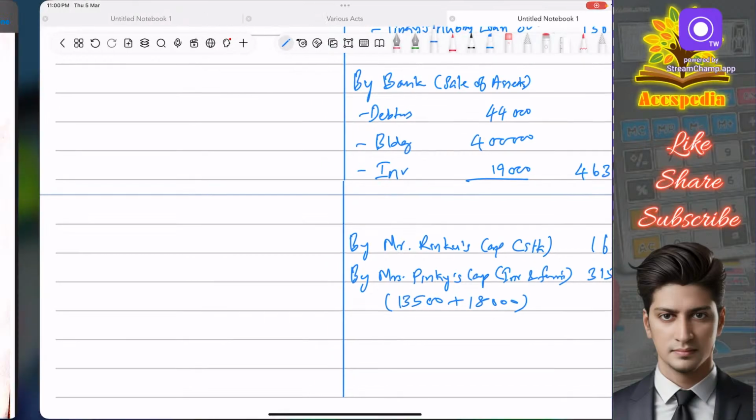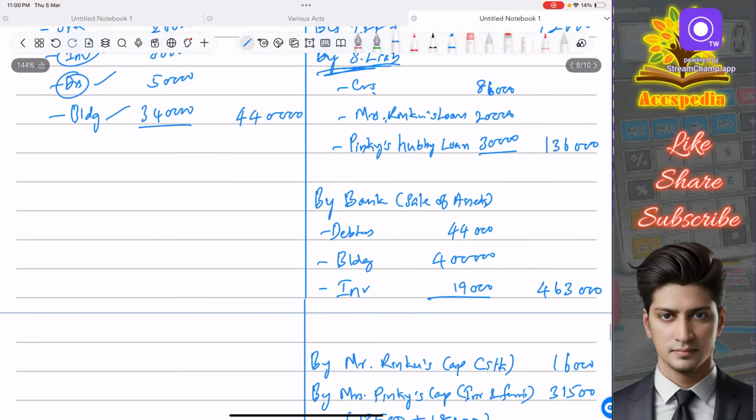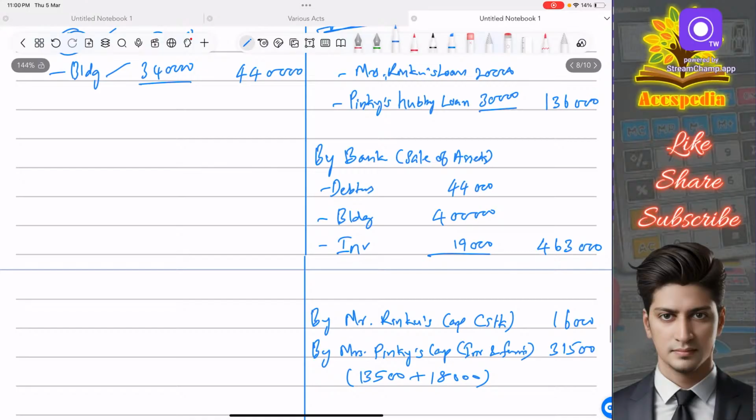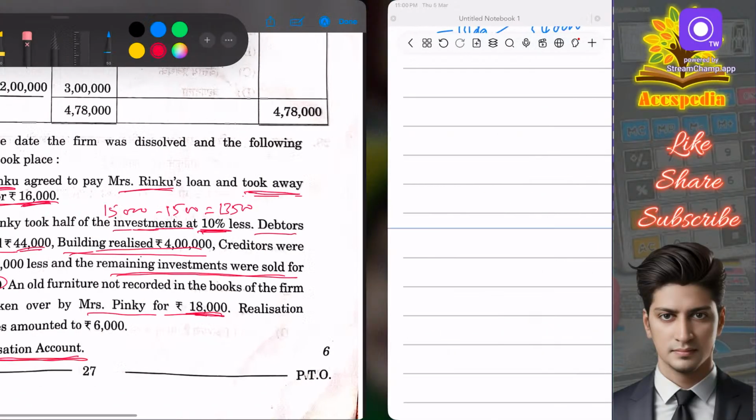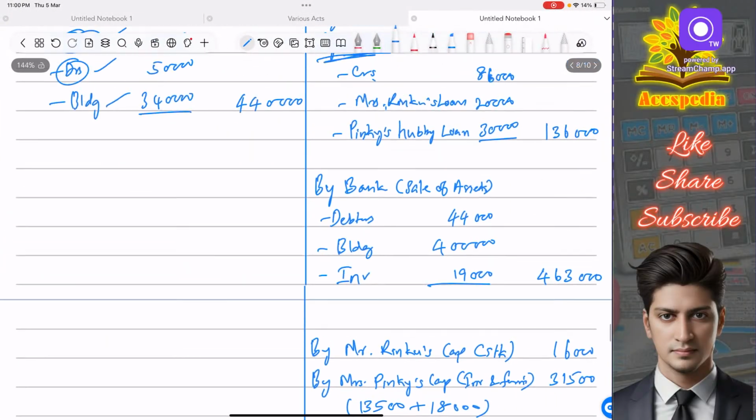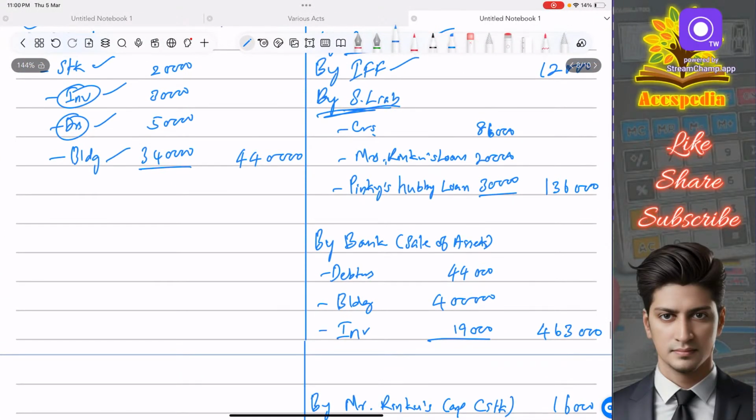Yes. After transfer entries, sale of asset, taken over of asset, then payment of liability, taken over of liability. Now check payment of liability. How many liabilities are there? See, regarding assets you have to check whether all the assets been sold or taken over. If any asset information is not given regarding sale or taken over, then we have to go by two assumptions. If there is no information regarding a tangible asset, we have to assume that it was realized in cash at full value.